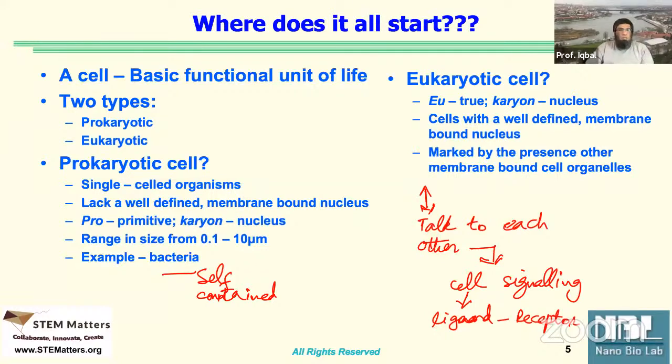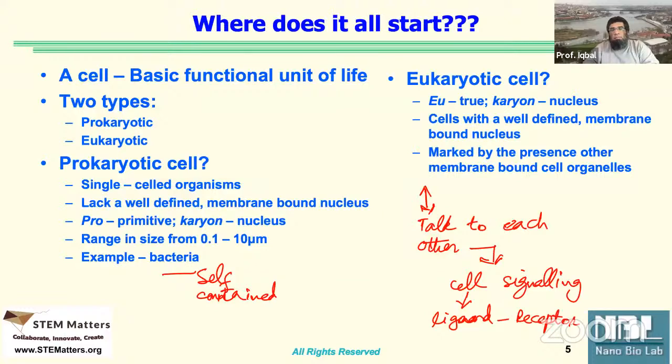Now, there are two types of cells in nature. One is called a prokaryotic cell, which is a complete organism. It is self-contained. It doesn't have a clear nucleus in it, or it has some functions like a nucleus, but they are not contained further inside a membrane within the cell.